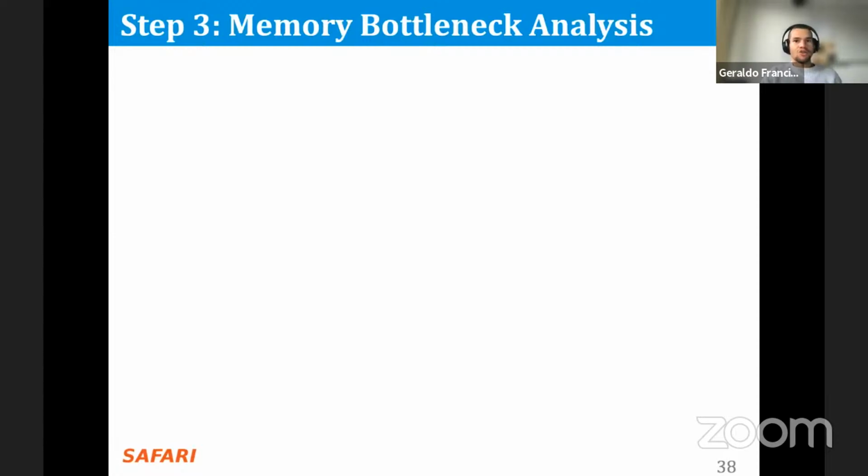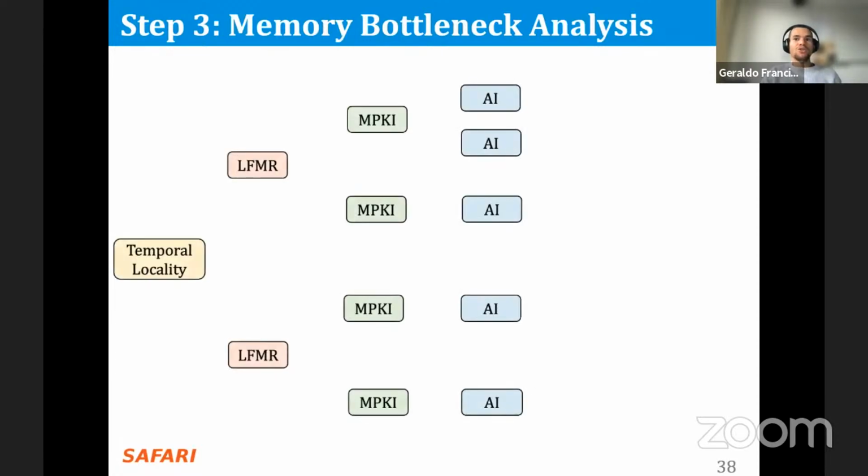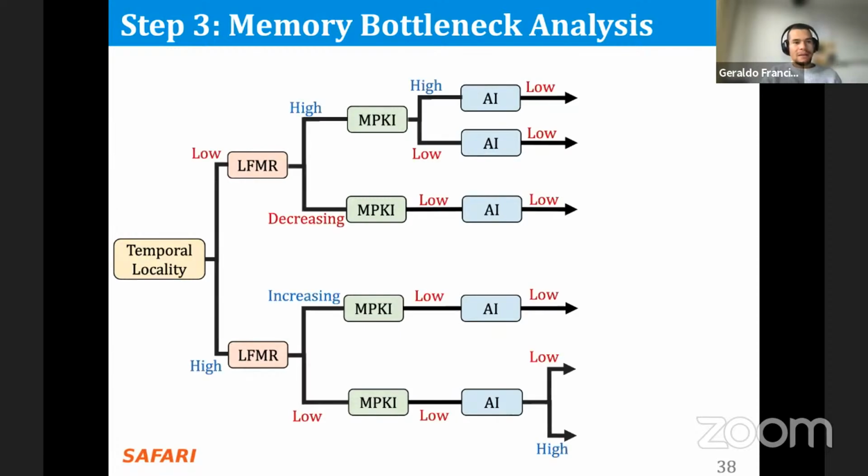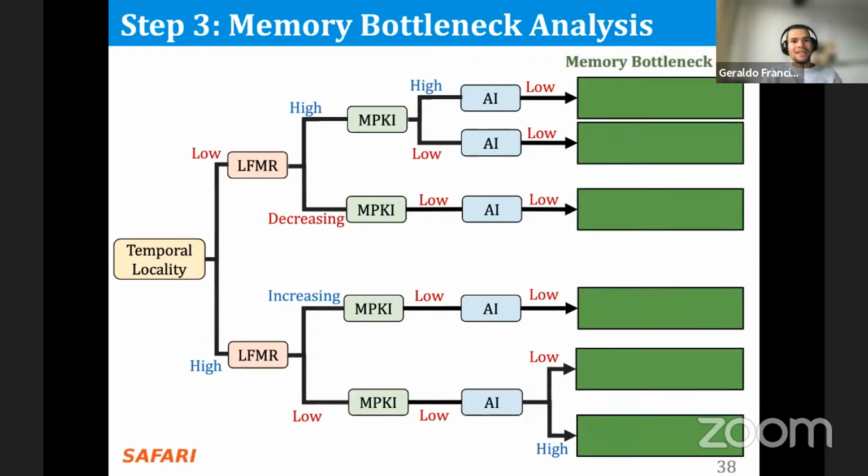Within the two groups of functions we identify, we use three key metrics, arithmetic intensity, MPKI, and last-level cache miss ratio, or LFMR, and temporal locality to classify the memory bottlenecks of applications. Based on that, we find that 6 classes of functions emerge, which I am going to explain in detail next.